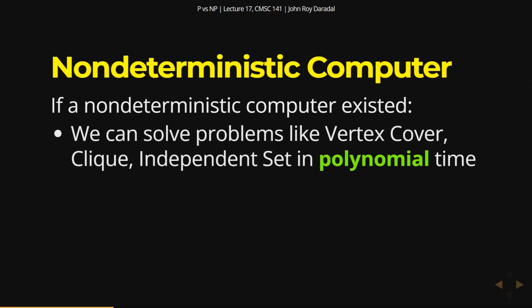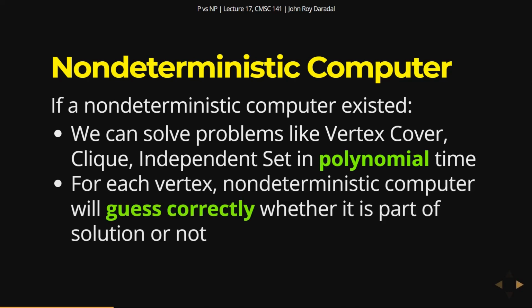So if a non-deterministic computer existed, we can solve problems like the vertex cover, clique, and independent set in polynomial time. And why is that? Because remember that it has the power of guessing correctly, right? So for each vertex in these three problems, the non-deterministic computer will just guess correctly whether it is part of the solution or not.